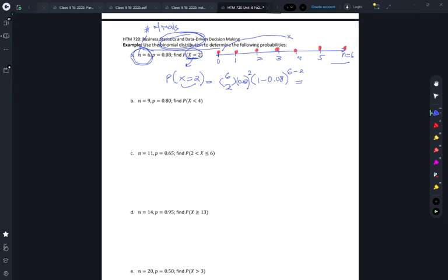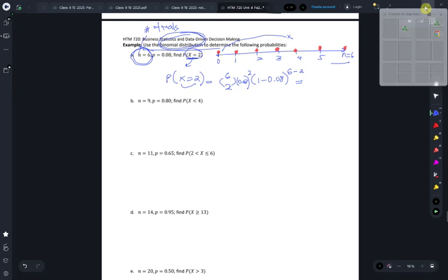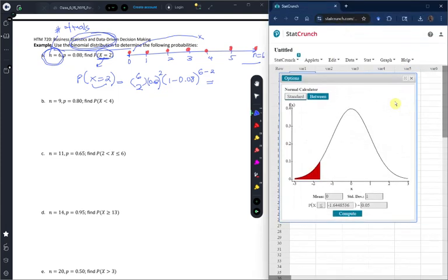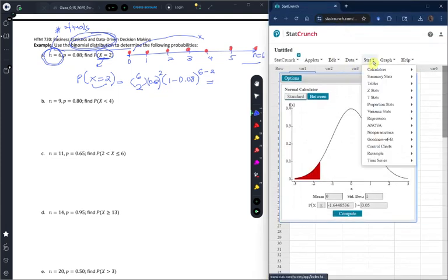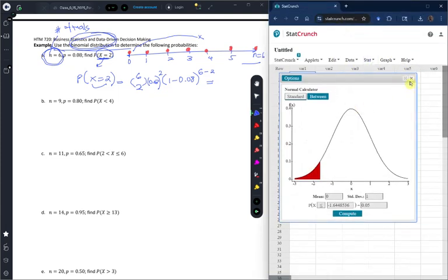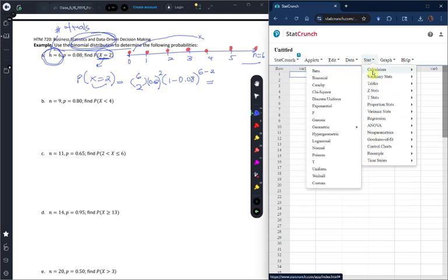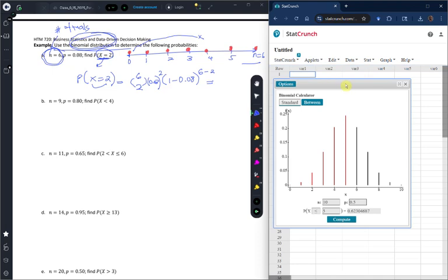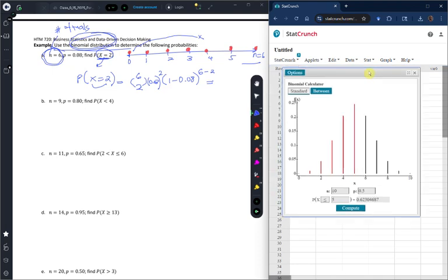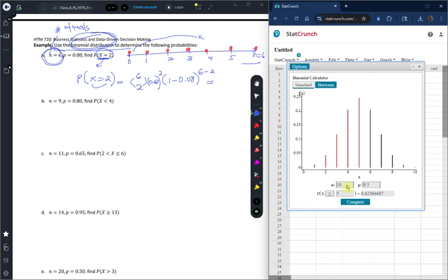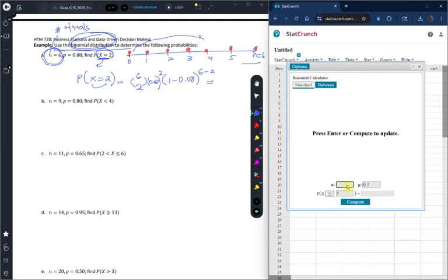To evaluate this, we're going to deploy the computing strength of StatCrunch. So let me do that. I'll open StatCrunch here. I'm going to close out of the normal distribution, go to Stats, go to Calculators, go to Binomial, and from the dialog box that pops up, let us drag this up. The number of trials is 6.